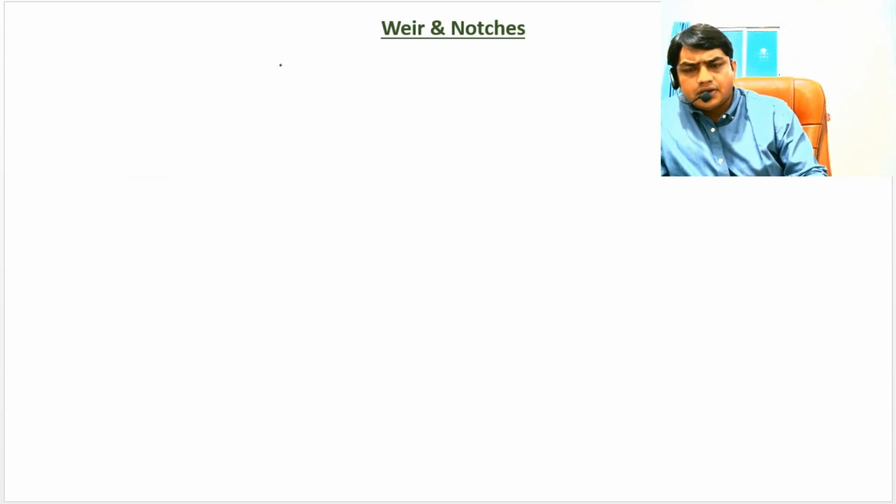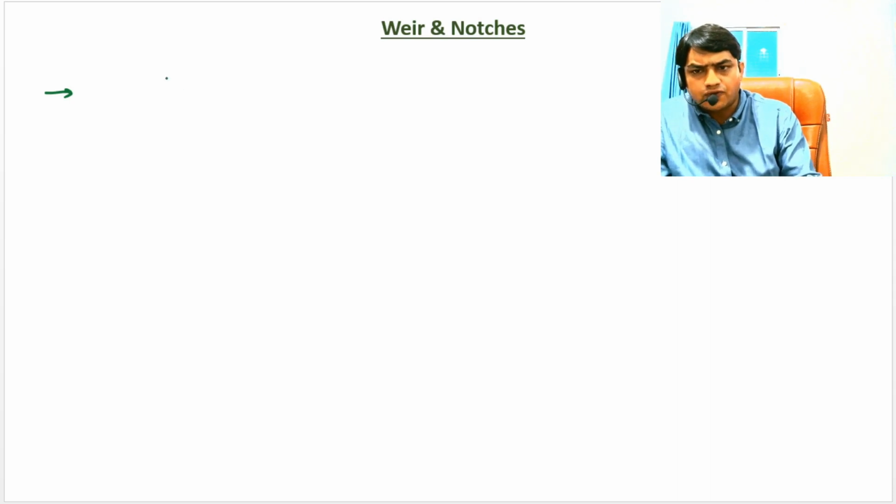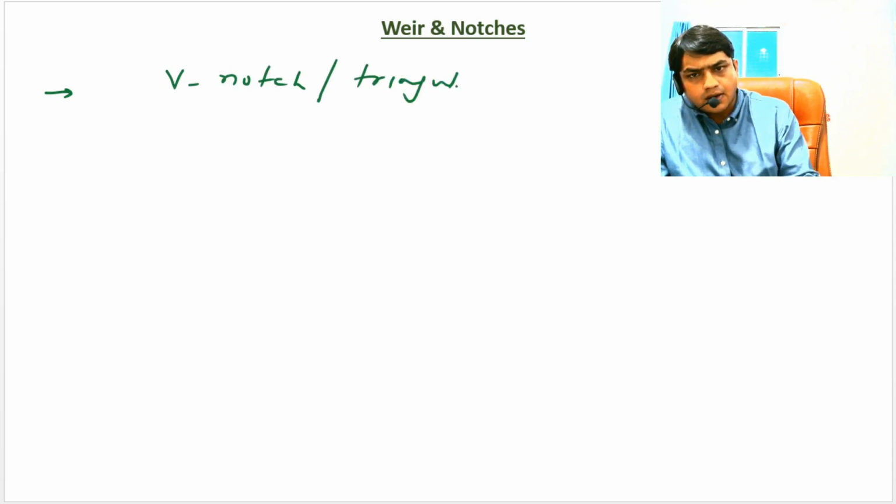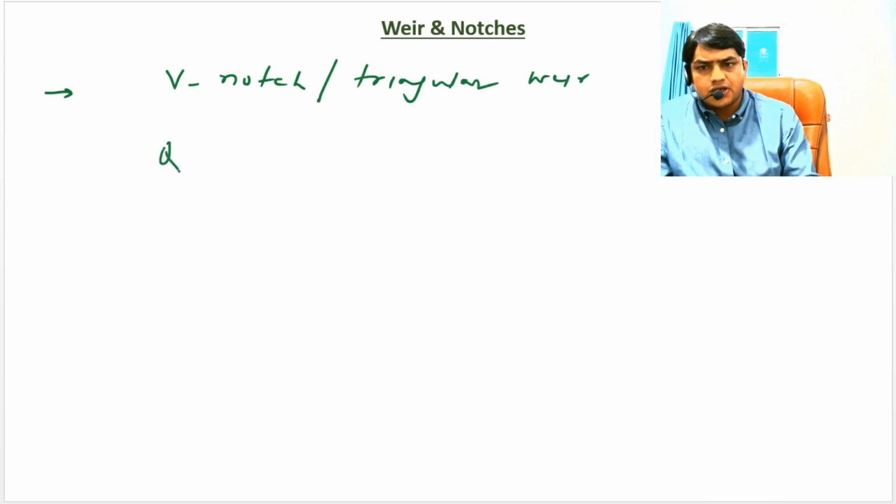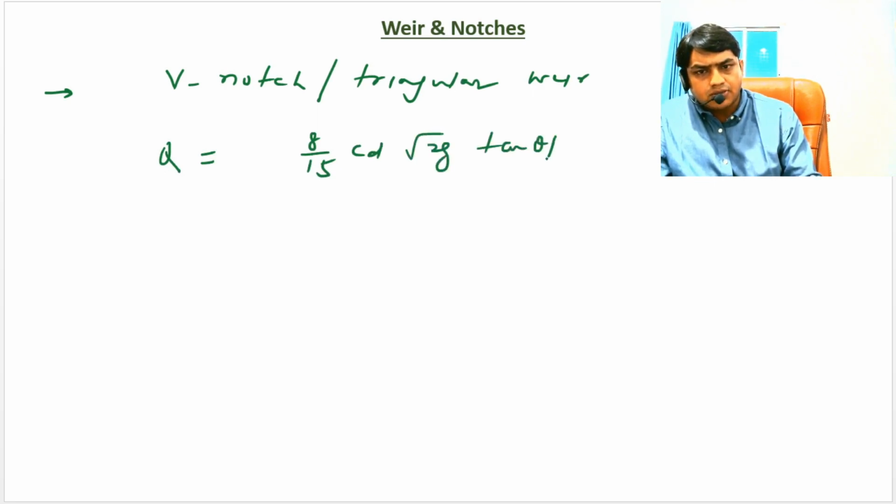Similarly, if I see the expression of discharge in case of a V notch or triangular weir, we have seen that Q is equal to 8 by 15 Cd root under 2g tan theta by 2 into H to the power 5 by 2.